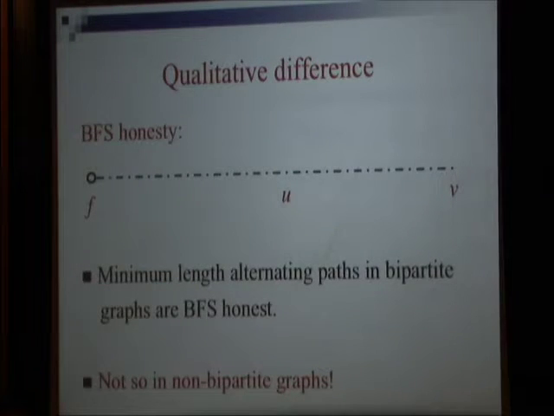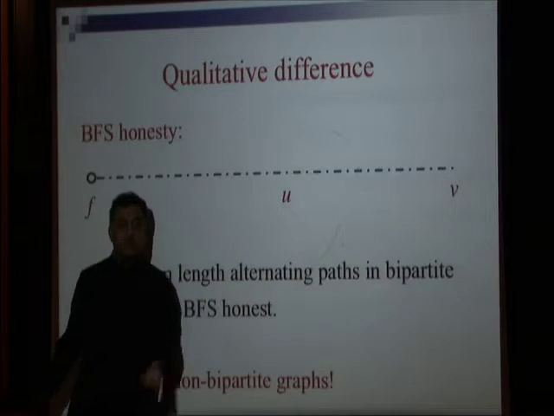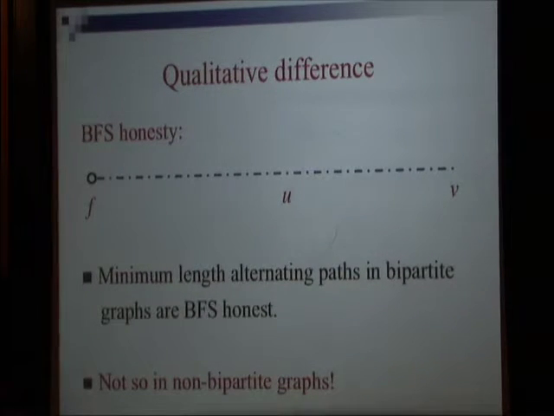Okay. Now, this big difference between bipartite and non-bipartite graphs was that you don't have breadth first search honesty. But through the notion of tenacity, we will restore some amount of breadth first search honesty. Okay?